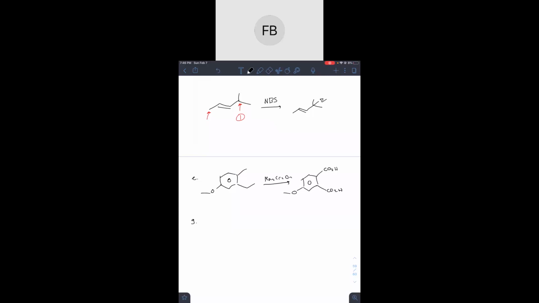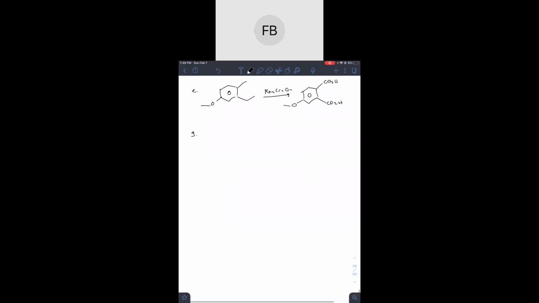G, and you're definitely gonna have to go through these yourself because I'm doing every other one, so there's definitely gonna be weird ones that I'm skipping. Okay, so for this one, sorry, it looks a little weird because I don't like drawing my cyclohexanes this way.